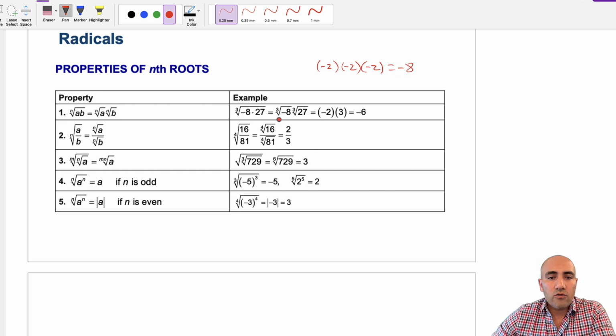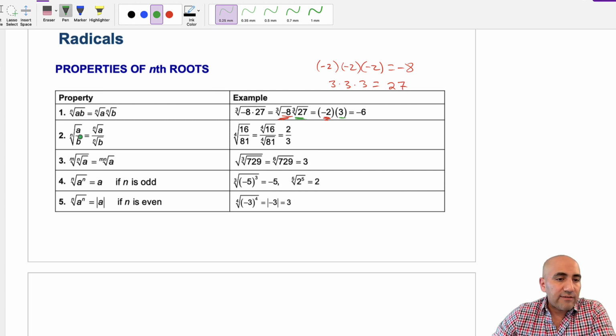So that's how I know that this has an answer of negative 2. And the cube root of 27 is 3, again, because I know that 3 times 3 times 3 equals 27. 3 times 3 is 9, times 3 is 27. So that's how I know that this results in a negative 2, and this results in a 3, and now negative 2 times 3 is negative 6.